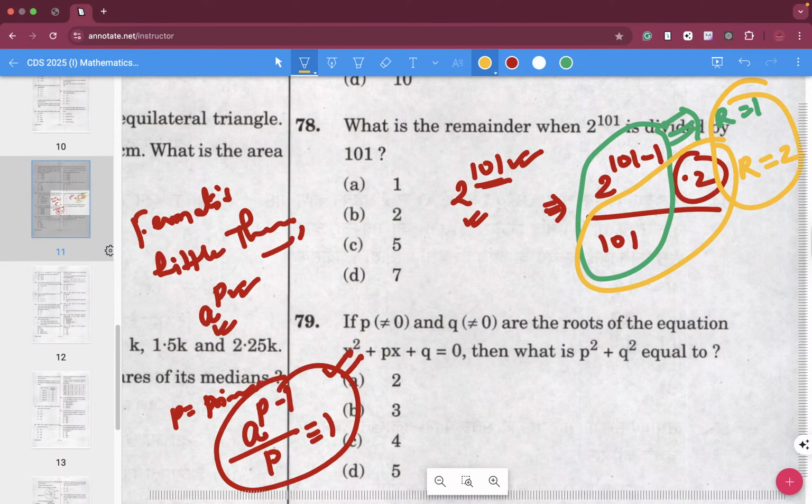So the entire remainder is 1 into 2, which means 2 is the answer, folks. Not 1. So we'll move to the next question.